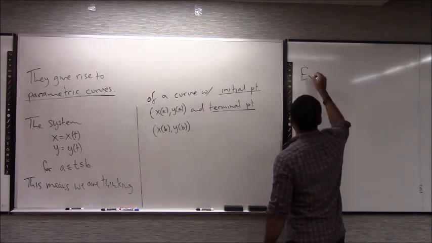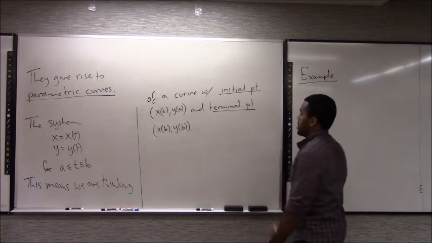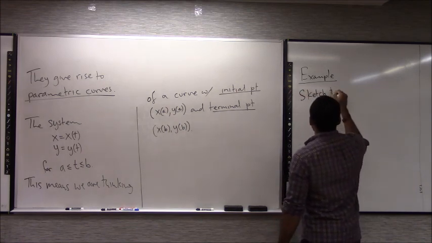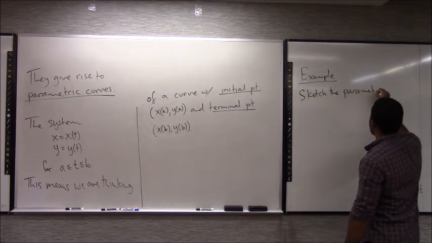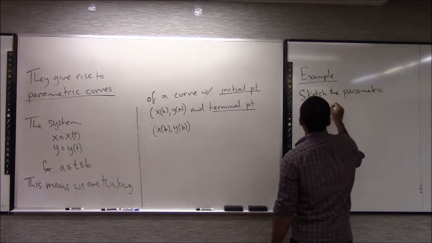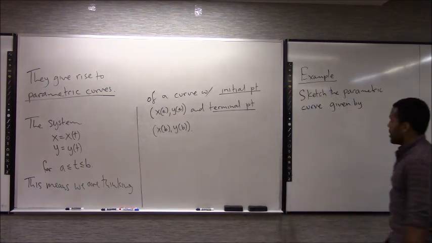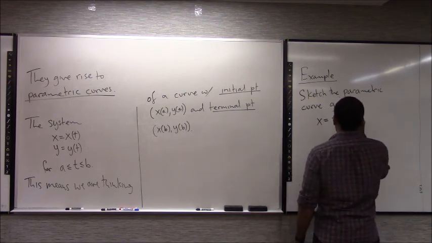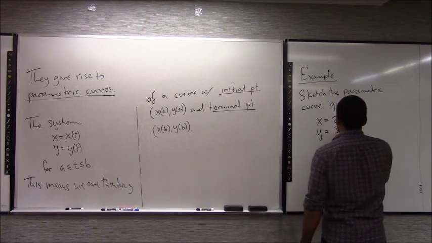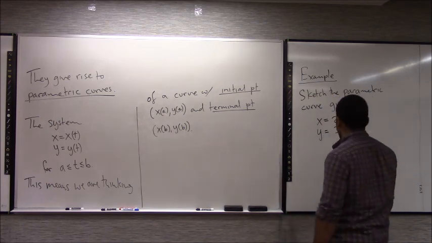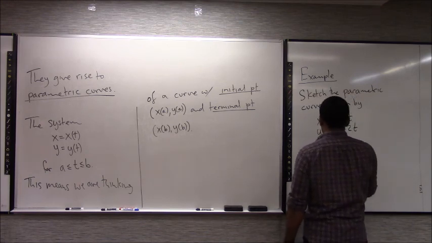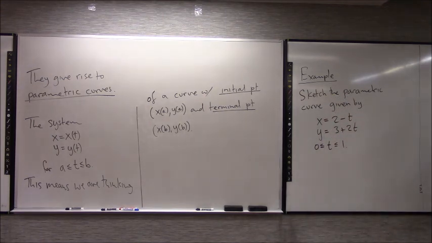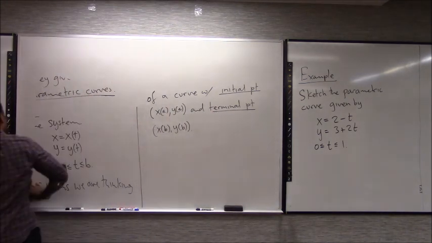Example: sketch the parametric curve given by... so let's say you have something like that, right? What does that actually give rise to?